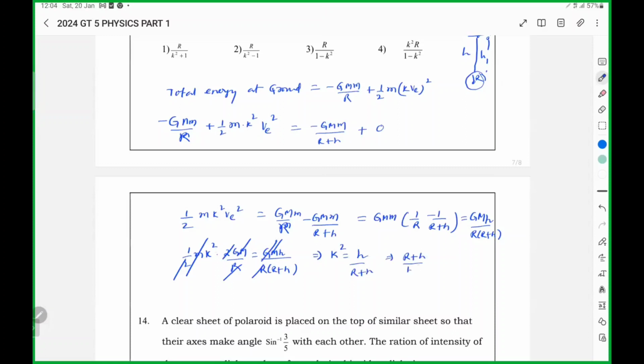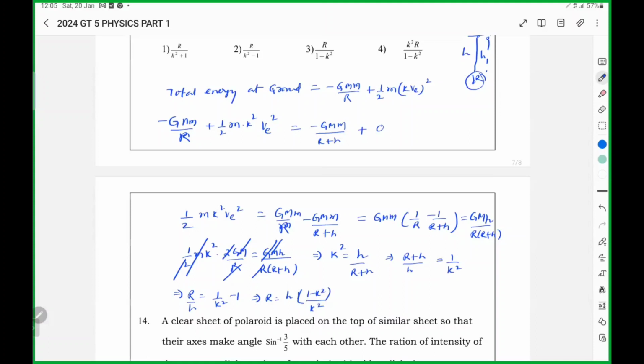R plus h by h is 1 by k square, R here is 1 by k square minus 1 times h, so h equals R into 1 minus k square by k square.